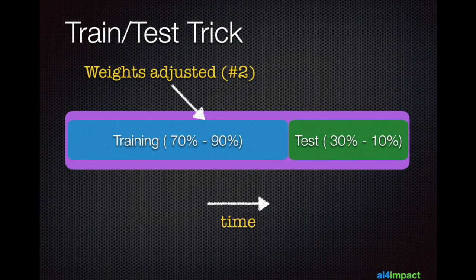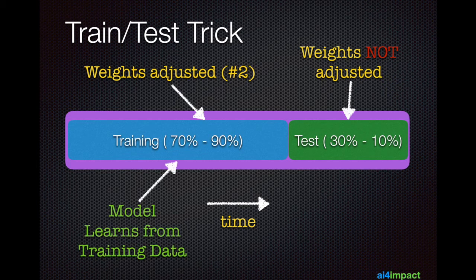The weights of your neural network are only adjusted using risk from the training data set. They are not adjusted using the test data set. In other words, the model learns from the training data set but is tested using the test data set. The test data set is not used to learn.